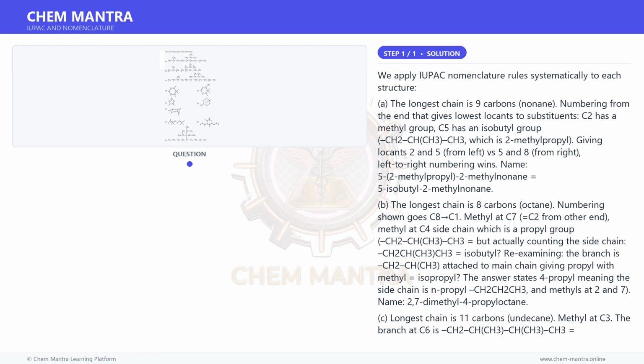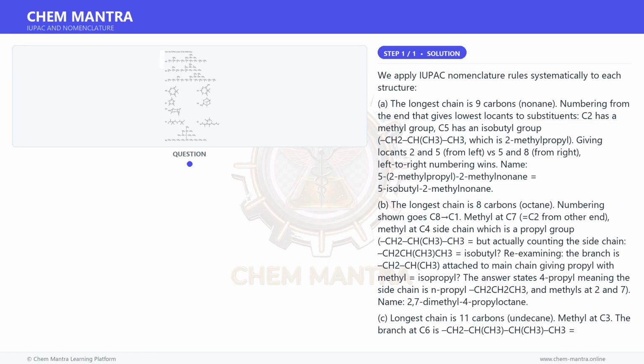Re-examining, the branch is attached to the main chain. The answer states 4-propyl, meaning the side chain is n-propyl, CH2CH2CH3, and methyls at 2 and 7. Name: 2,7-dimethyl-4-propyloctane.